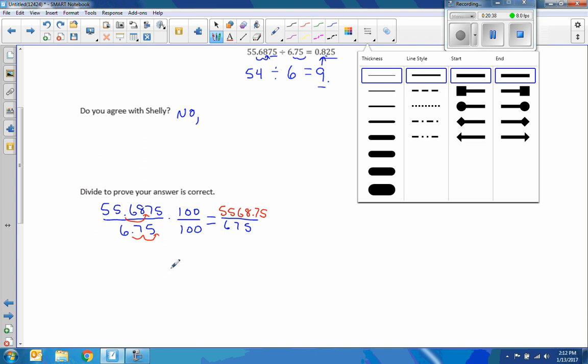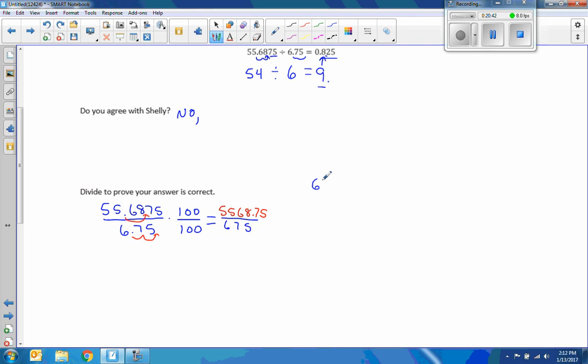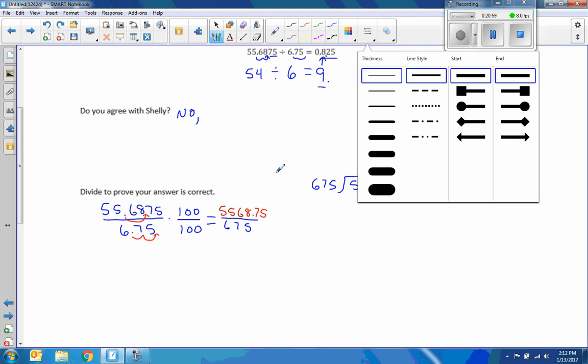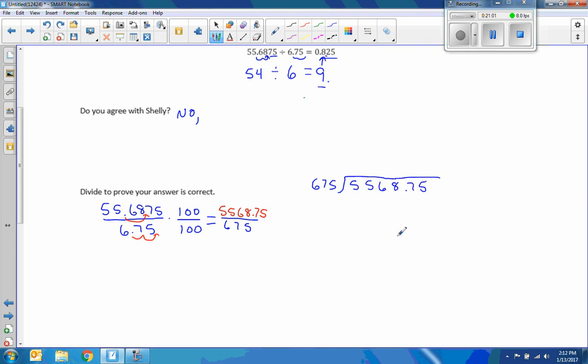Okay, so now we're going to do long division. 675 goes into 5,568.75. Let me change colors now that I can actually do this. 675 will not go into 556, and I'm going to put my decimal lined up here, by the way.